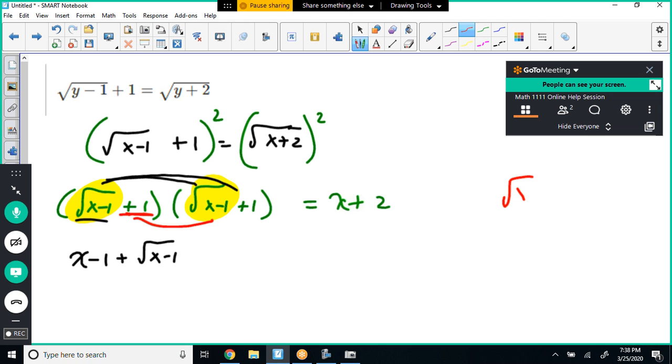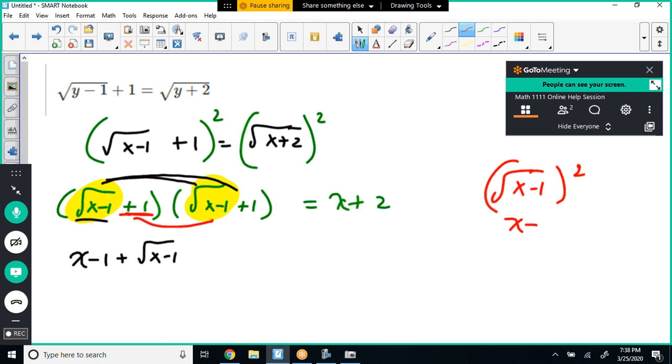So really, when you're multiplying these two yellows, it's really treating them like this, right? Because I have square root of x minus 1 times square root of x minus 1. It's squaring a square root.